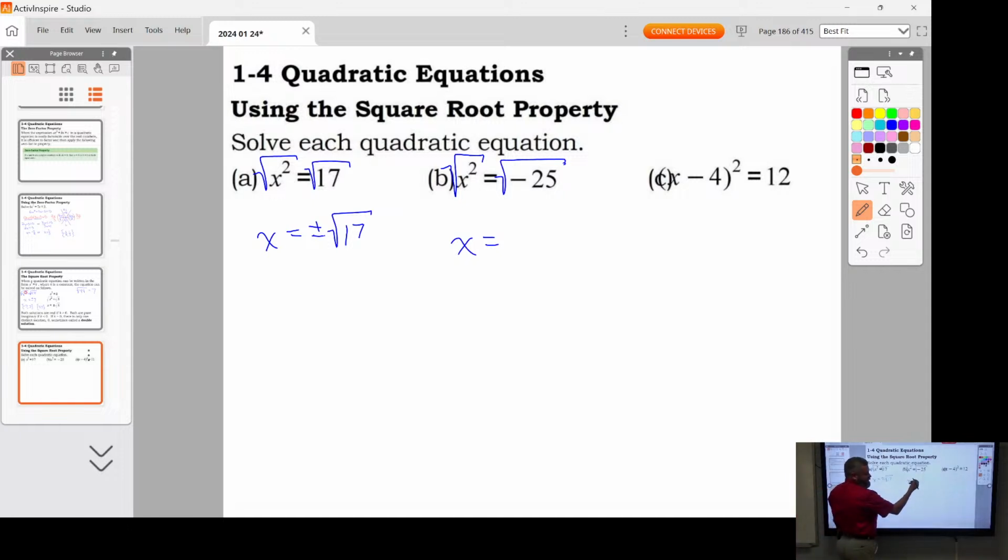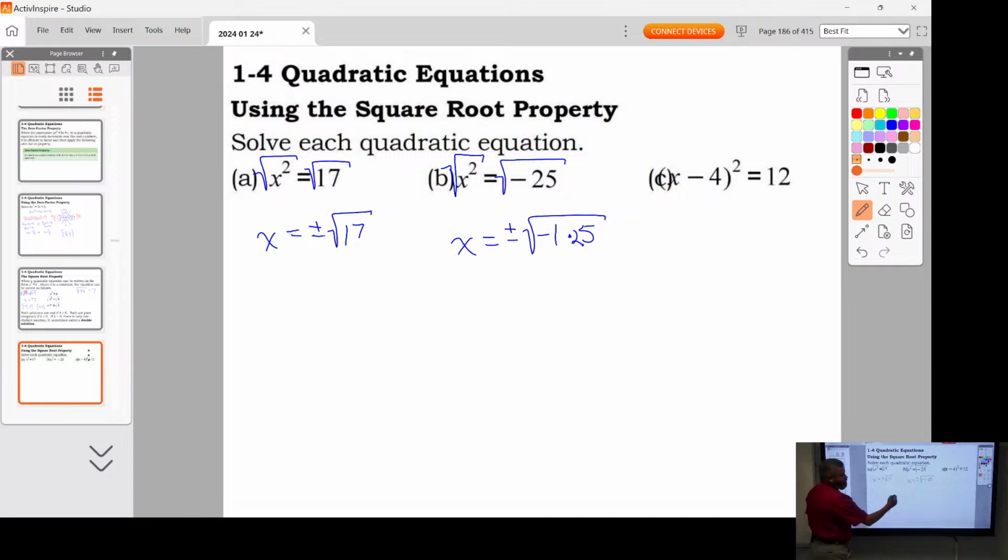Okay. First of all, it needs to be a plus or minus, correct? I'm going to go long on this. Does everyone agree that -25 is the same thing as -1 times 25? Does everyone agree? -25 is -1 times 25, yes?